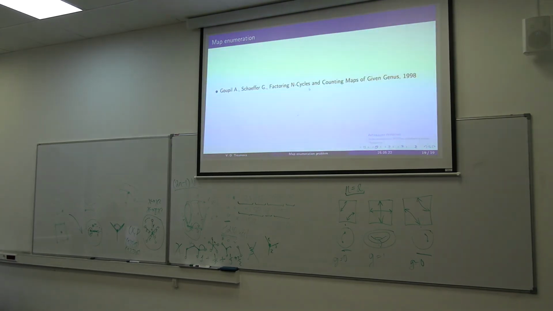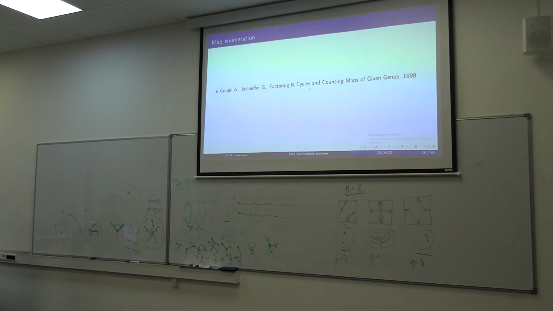So for the next generalization, I want to tell you about the result of Goupil and Schaeffer. They used more exquisite techniques to get the quantity for the maps of given genus and given passport.